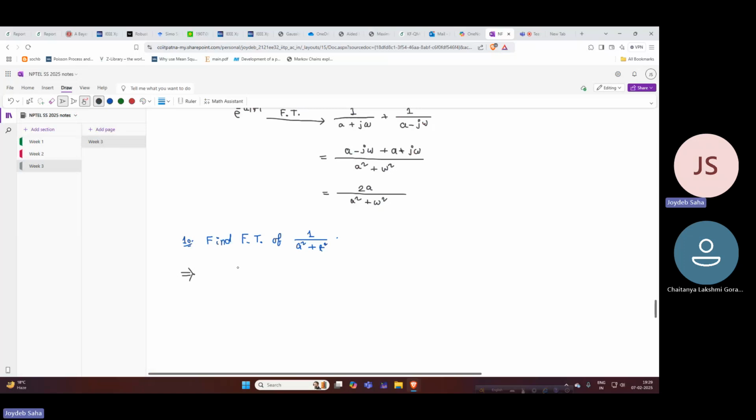To solve this question, we will apply the duality property.